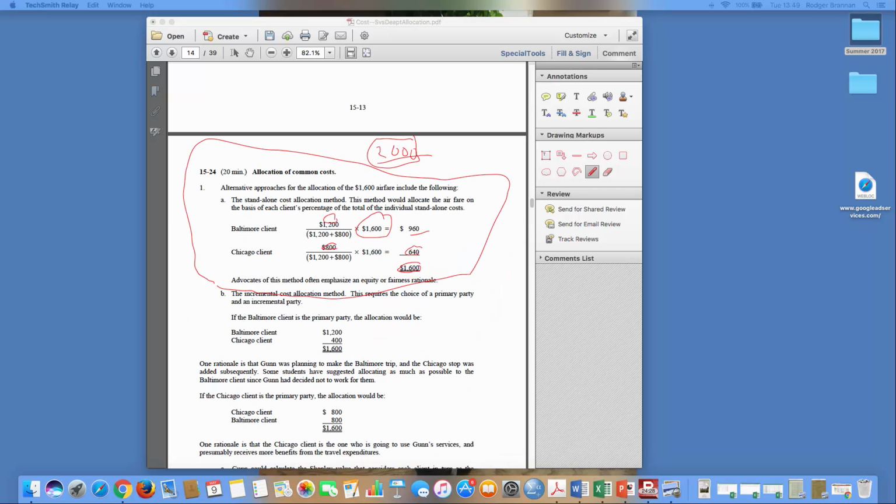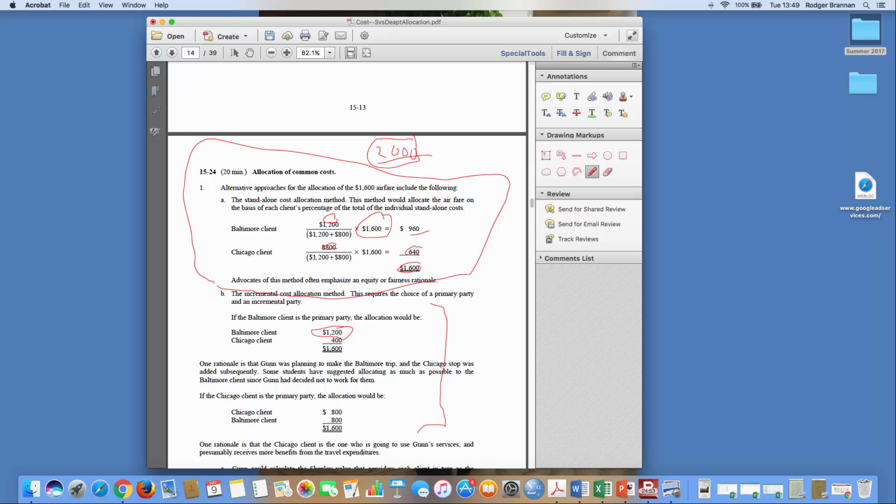Now, the incremental method, on the other hand, is probably not something that you want to disclose to your clients because they're going to see it as inherently unfair, at least some of them. The incremental method says you pick a number one client and you start allocating cost. So if I pick the Baltimore client as number one, I will allocate out of that 1,600, they pick up 1,200.